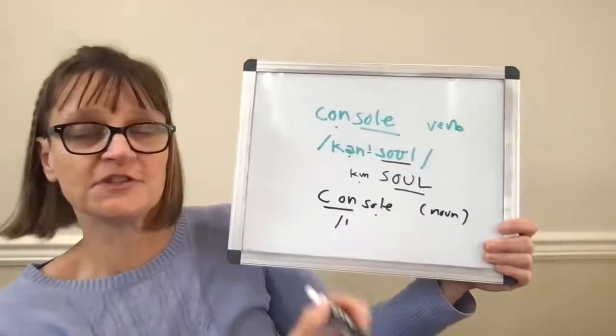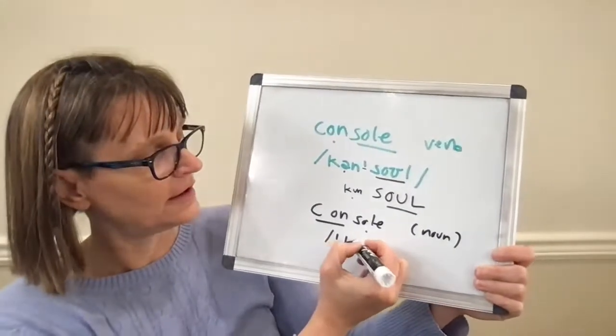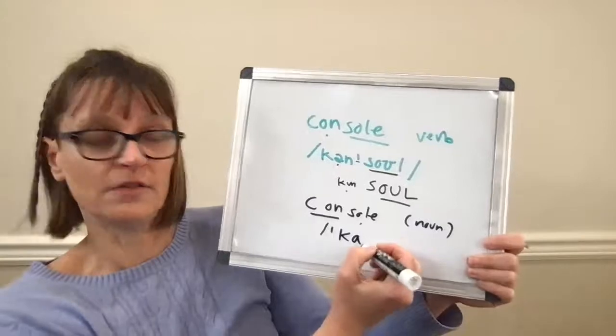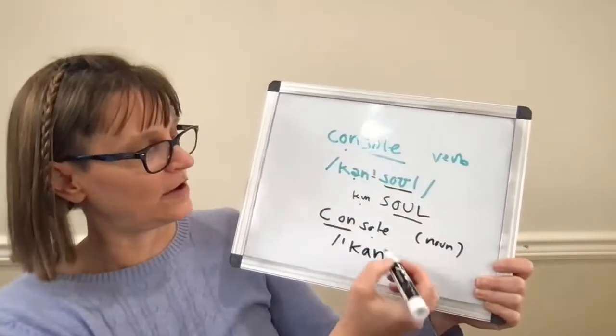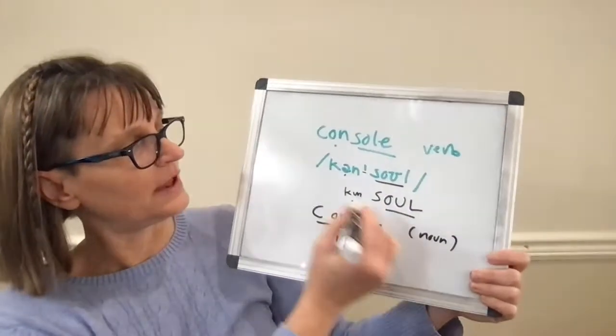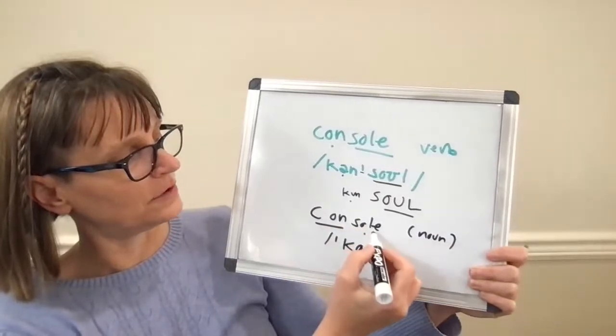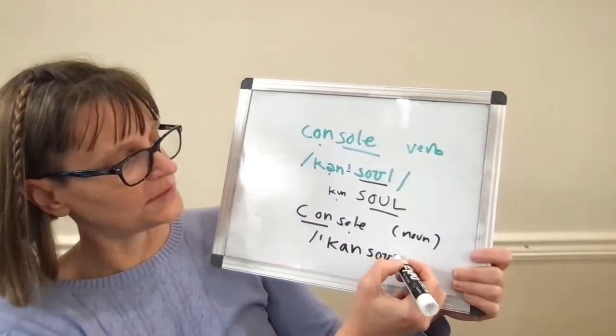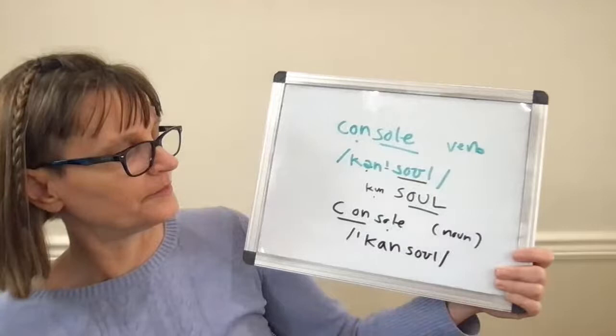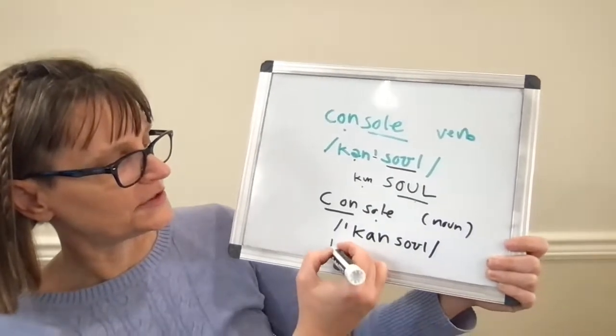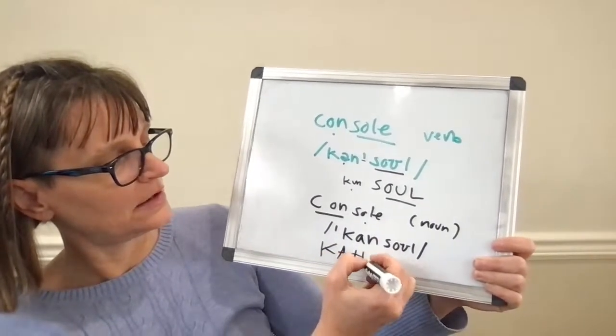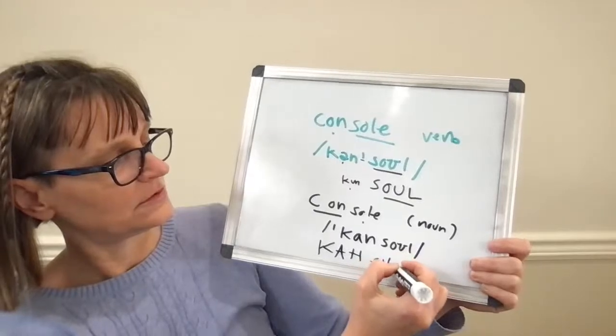So in the dictionary, you'll see the line before the con, and you'll see an ah vowel there instead of a schwa vowel. Console, and then console, that one still has the O. Sometimes the second letter will change as well. So that will sound like console.